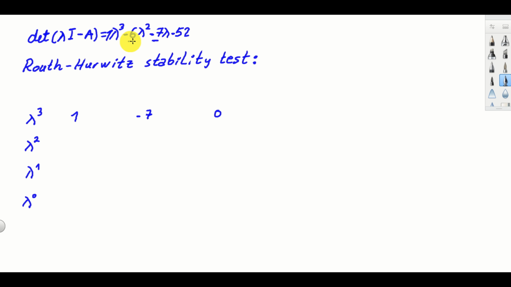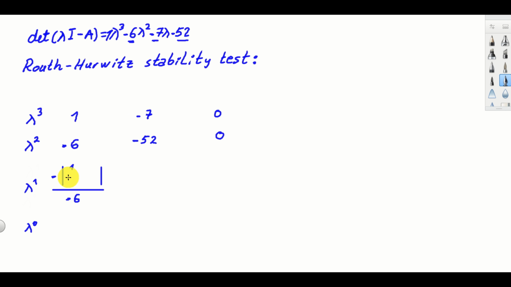Similarly, the second row is, the first entry is -6, the second entry is -52, and the last entry is 0. And all other rows are recursively computed from the first two rows. Okay, this entry is computed like this. It's a ratio of, in the denominator over here we'll have -6, and in the numerator we will have a determinant with the minus sign of the matrix constructed from this column and this column.